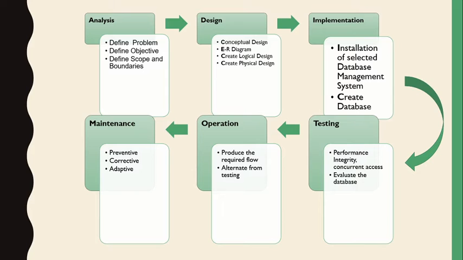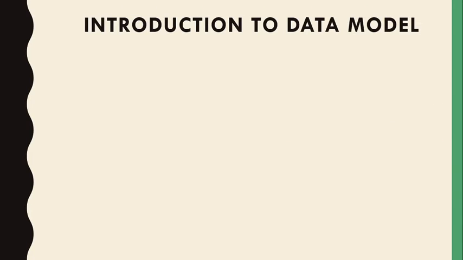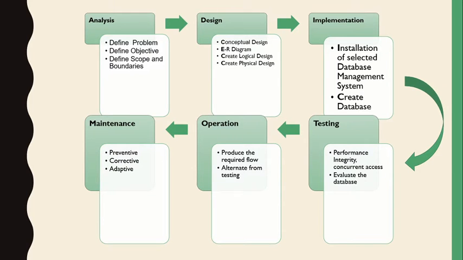In the implementation phase, we install the selected database management system and create the database. The selected database management system may be SQL Server or PostgreSQL. These are different database management system software. Then installation is performed and on this software the database is created.